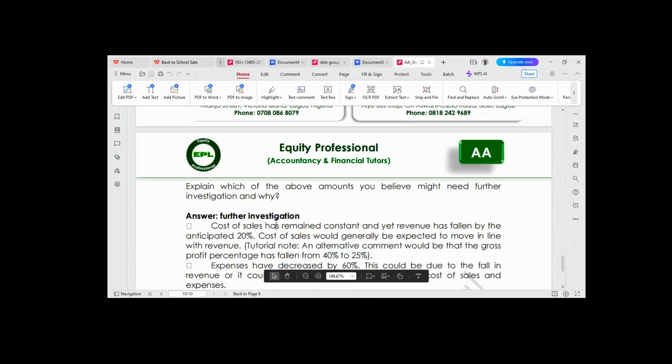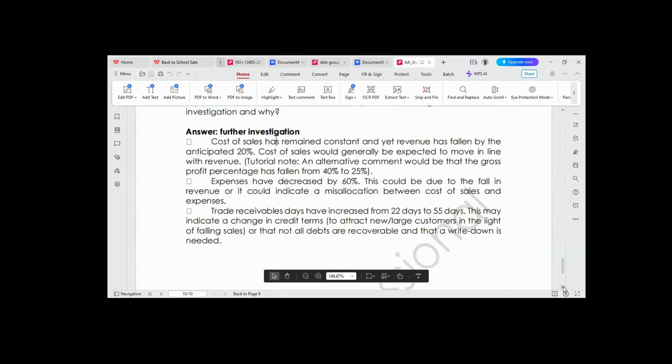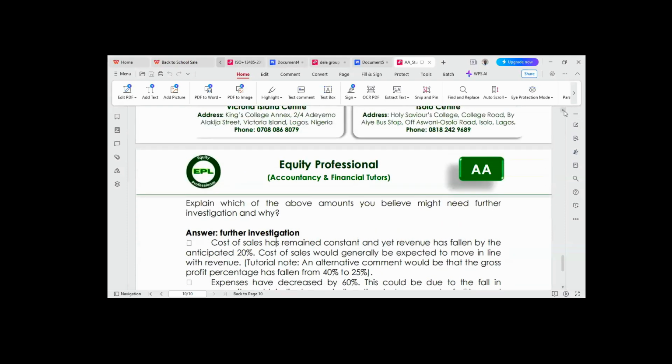And you are going to do the same for expenses. So for expenses, they say that expenses have decreased by 60%. This could be due to the fall in revenue, or it could indicate a misallocation between cost of sales and expenses. So what we are saying here is that the expenses have reduced by 60%.